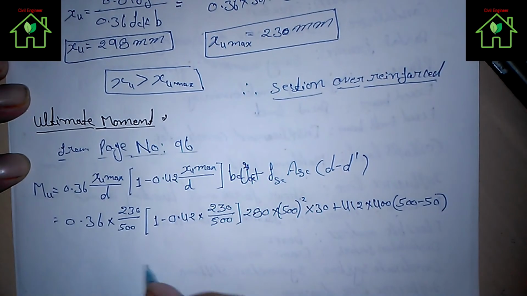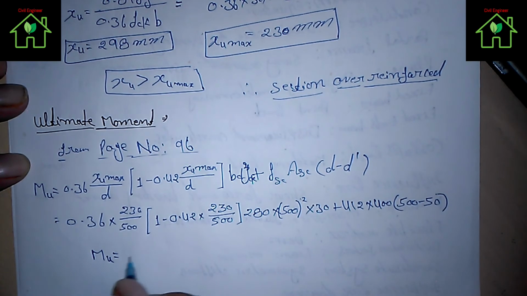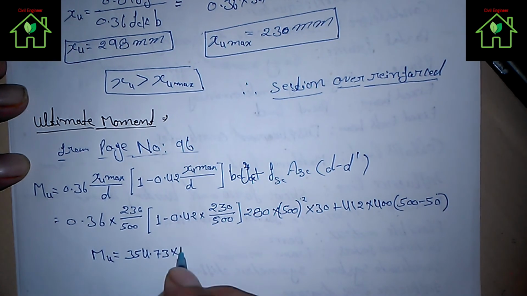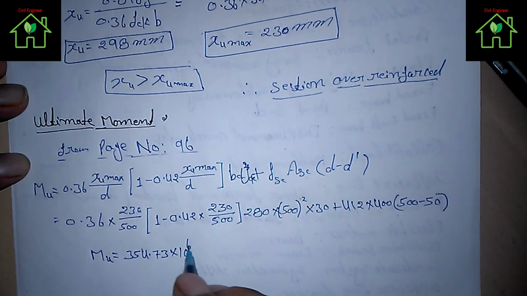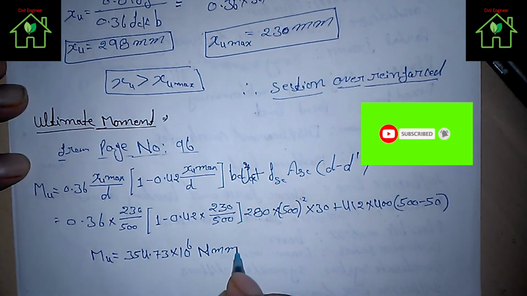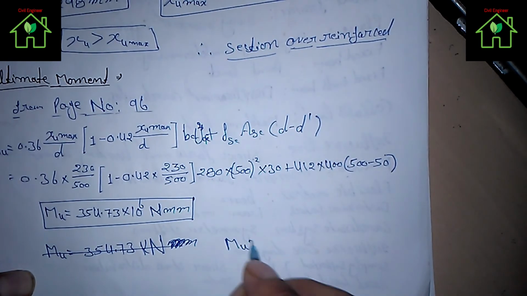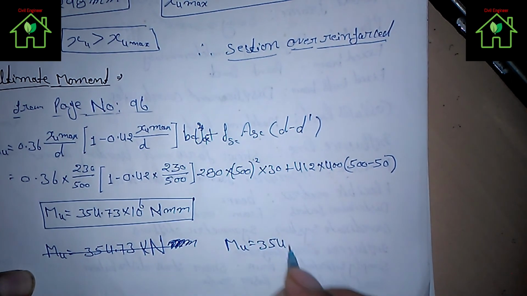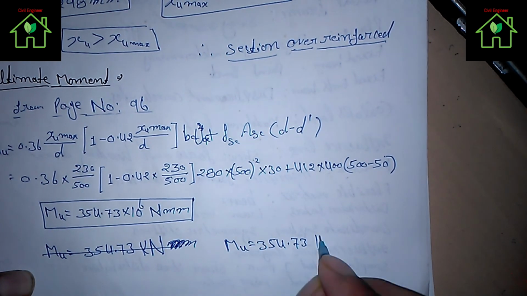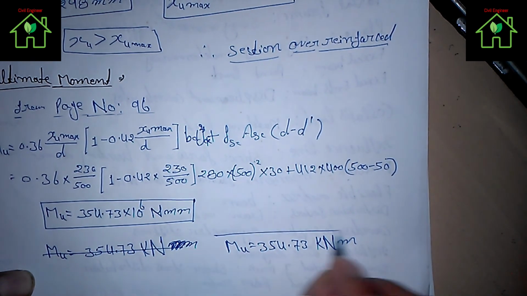After calculation, we will get the value of Mu, ultimate moment, 354.73 into 10 to the power 6 Newton mm. In kilonewton, Mu is equal to 354.73 kilonewton meter. This value is in kilonewton meter.